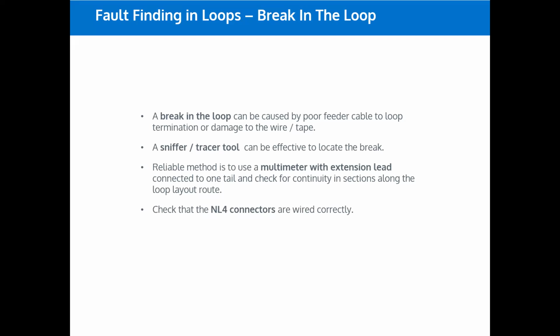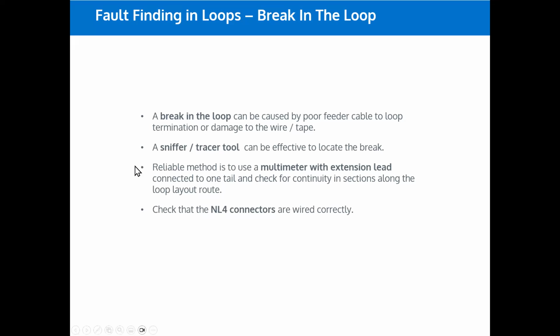They may have been connected incorrectly, because if you connect two pluses or two minuses together with the NL4, you'll get an open circuit. That's a simple thing for you to check.